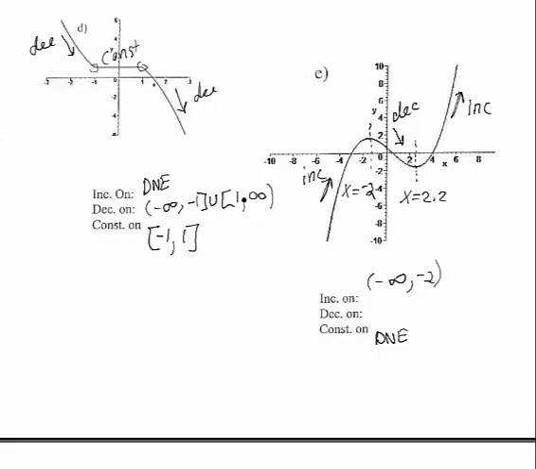Let me put a bracket with that. Union. And then I'll pick it back up with 2.2. I don't want to include this center portion. The far right is where my function is increasing, so it starts at 2.2 out to positive infinity. And now for decreasing, just the center portion from -2 to 2.2, brackets for each.